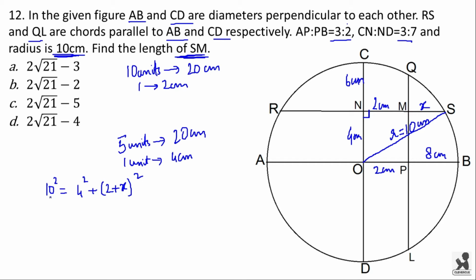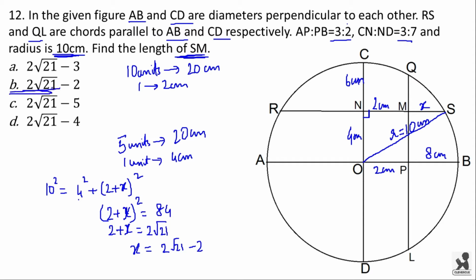Here 10 square is 100 and 4 square is 16. 100 minus 16 is 84. So we get 2 plus x whole square is equal to 84. And if you take root on both sides, 2 plus x is equal to root of 84, and 84 is 4 into 21, so it will be 2 root 21. Now we get the length of x as 2 root 21 minus 2. Option B will be the right answer. Moving to the next question.